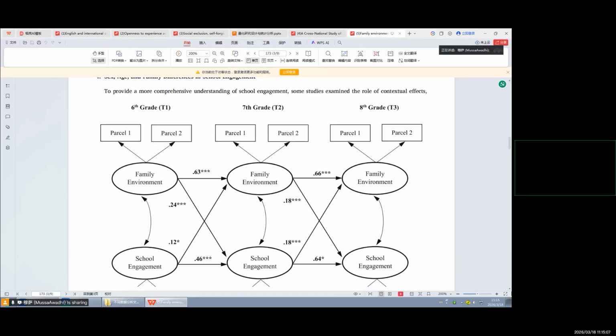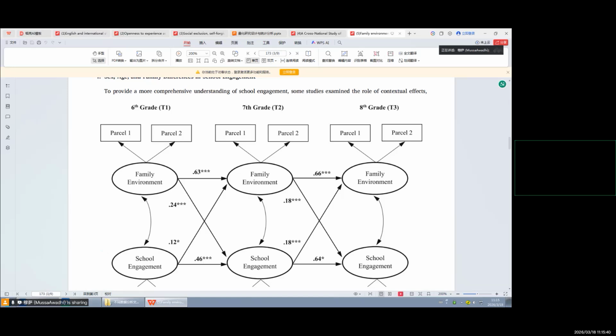So I can use previous family environment to predict later engagement. I can also use previous school engagement to predict later family environment. In this case, can you see this line is significant? Asterisk.